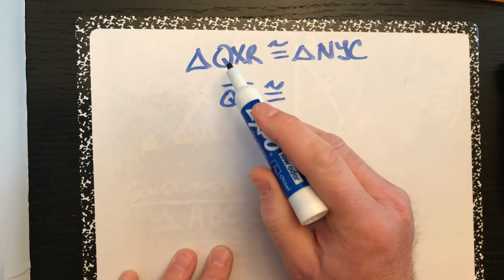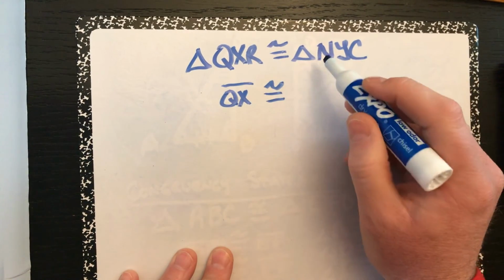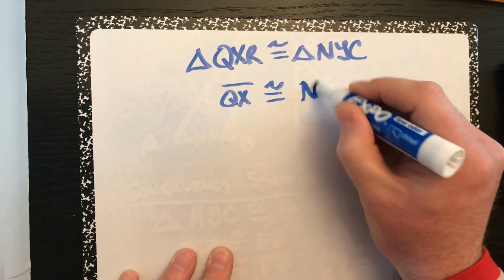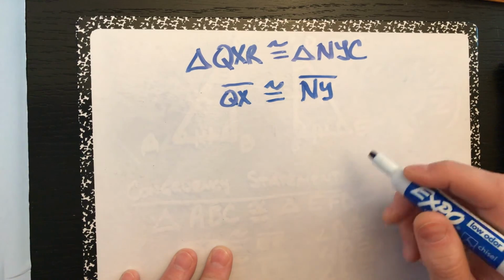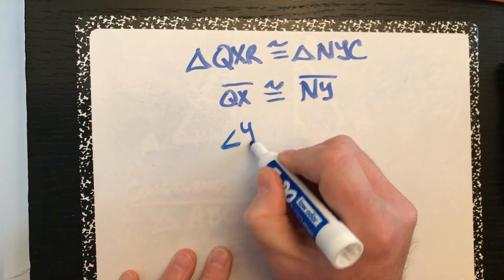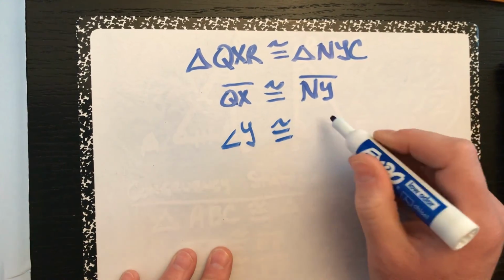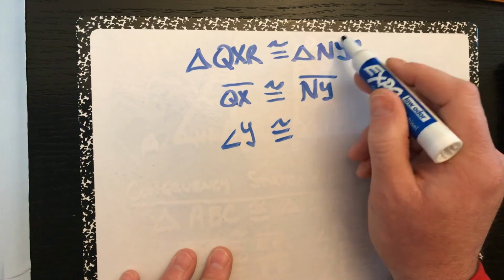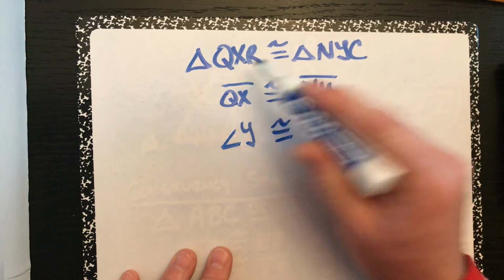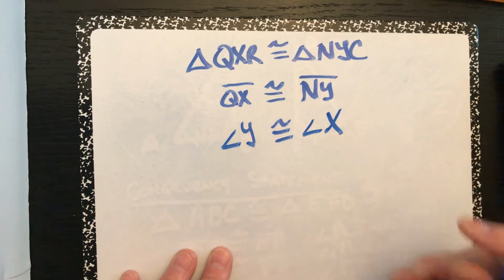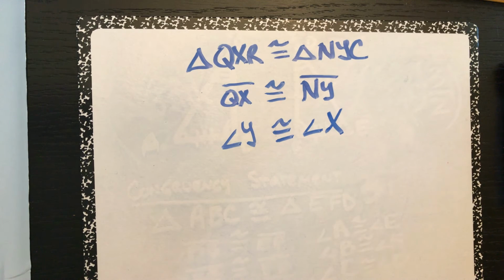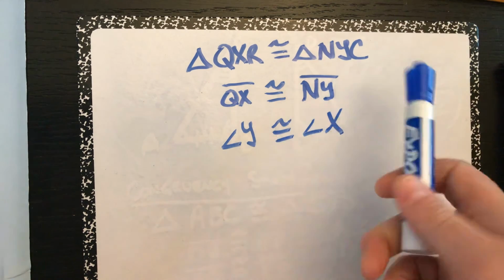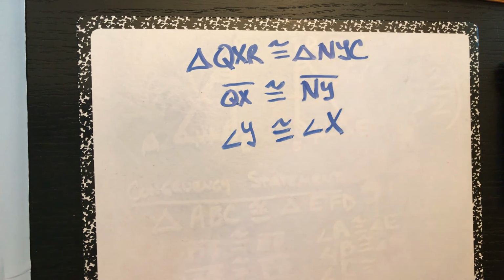Well, QX are the first two letters, so the first two letters over here would be NY. Very simple. Or maybe they say angle Y is congruent to, and then what would this be? Well, angle Y is the second one listed here, so the second one would be angle X. That's mostly what you're doing in the homework. You're just matching up the letters and saying which sides or which angles are congruent.